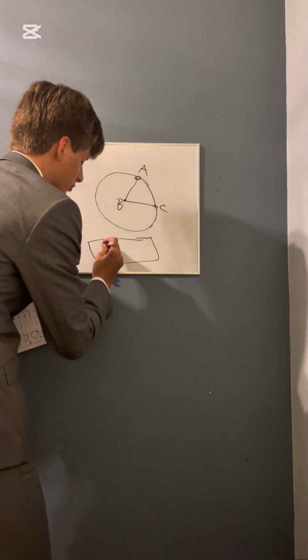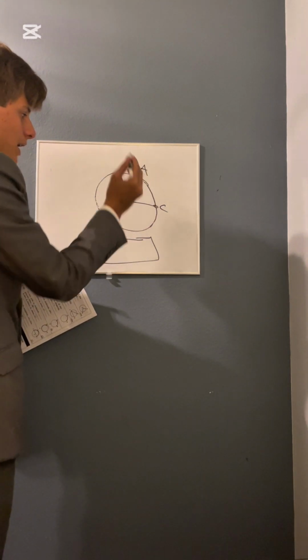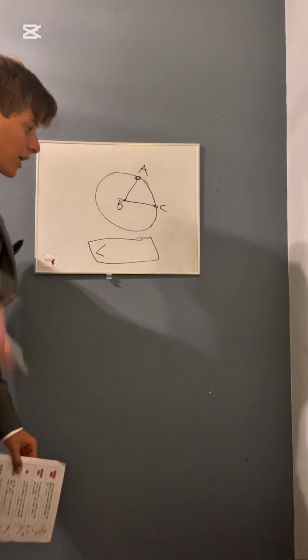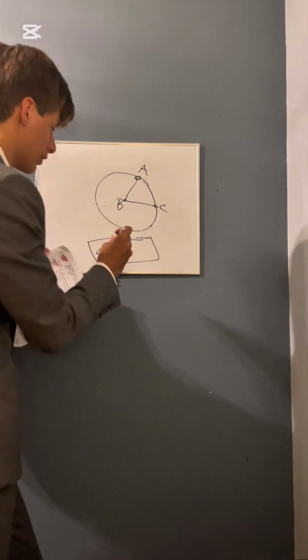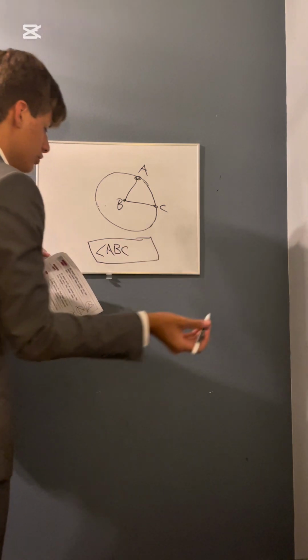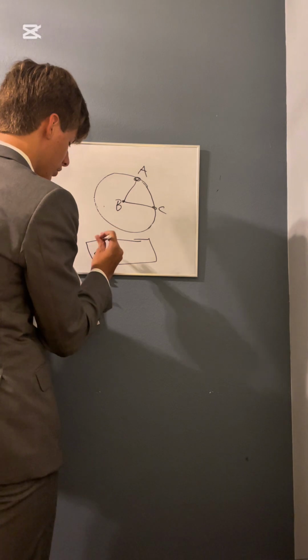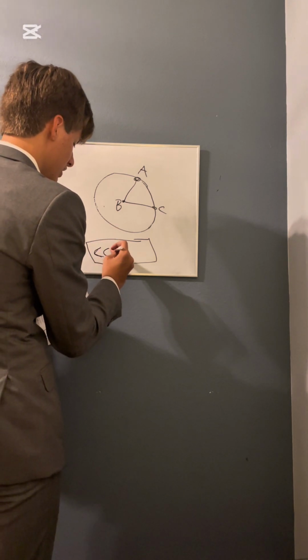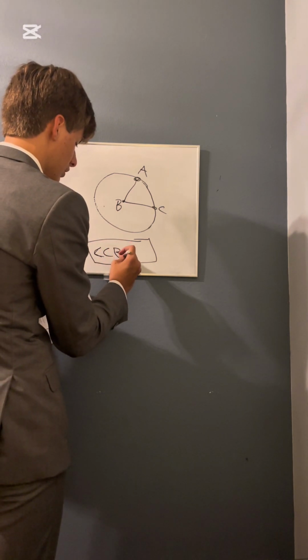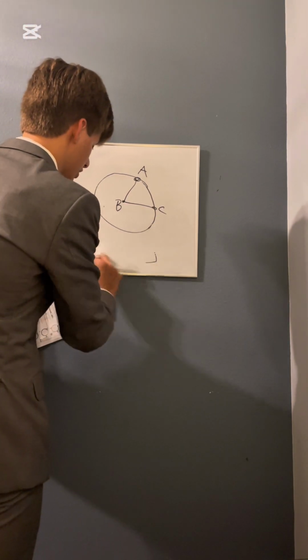That central angle is written by having whichever point you want to start with, whether it be A or C, it does not matter which way you go. It only matters that the vertex is in the middle of those 3 letters, such as A, B, C. You could also put the exact opposite and say C, B, A. Exact same thing. Does not change.